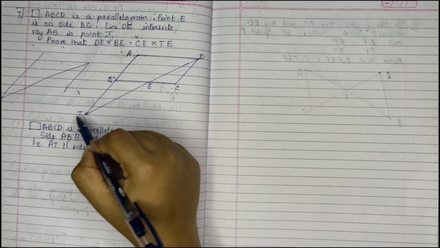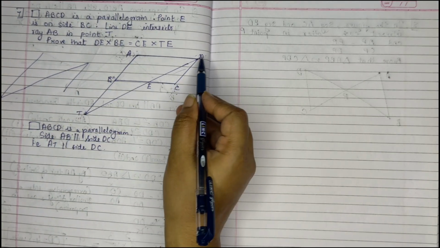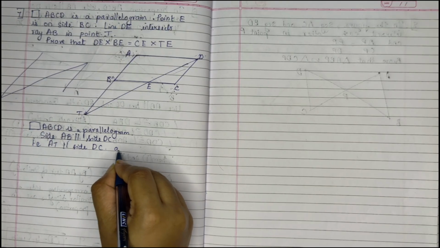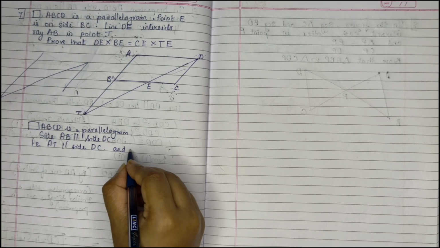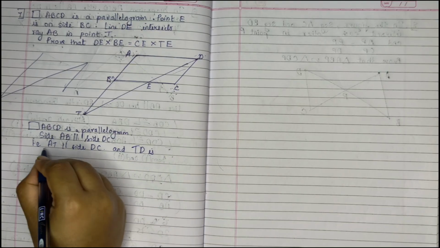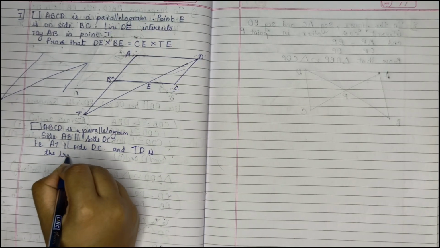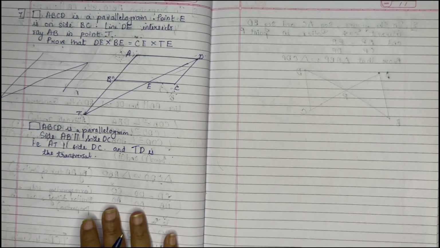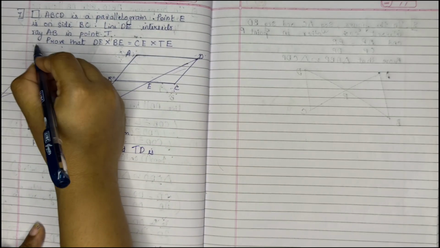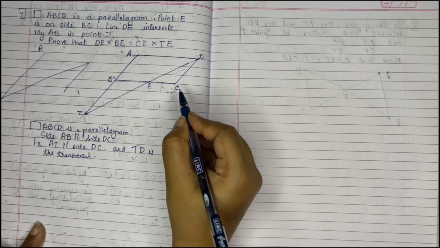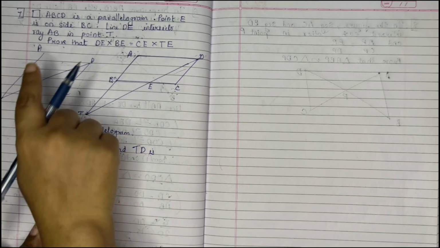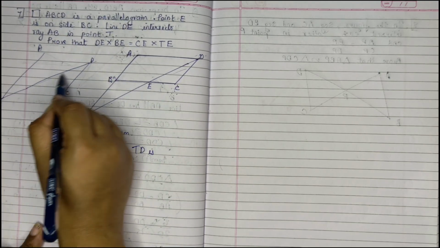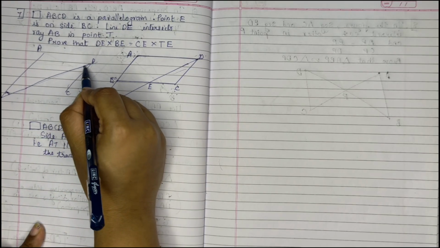So if AT is parallel to DC and TD is the transversal, we get alternate angles here.